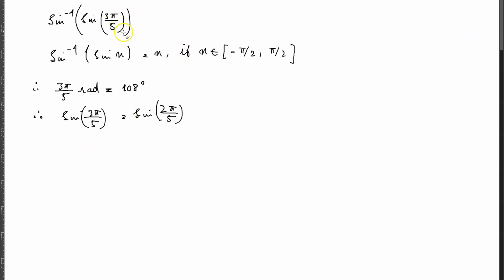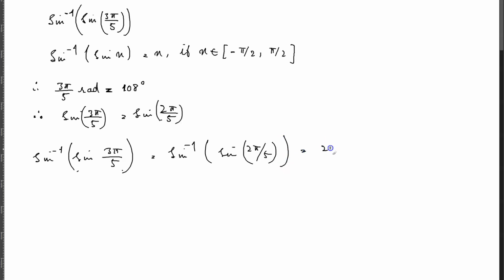So then I can write the sine inverse of sine of 3 pi by 5 as the sine inverse of sine of 2 pi by 5, which is equal to 2 pi by 5, because 2 pi by 5 belongs to the interval negative pi by 2 to pi by 2.